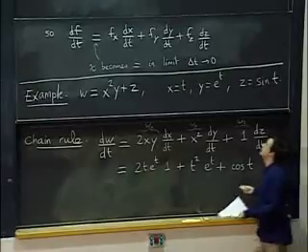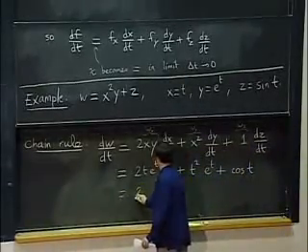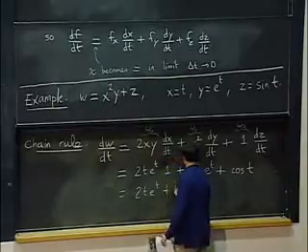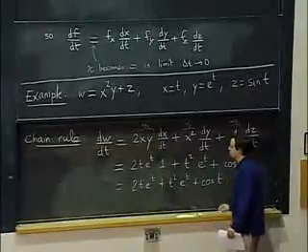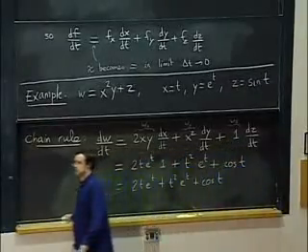Okay, so at the end of calculation we get 2t e to the t plus t squared e to the t plus cosine t. That's what the chain rule tells us.